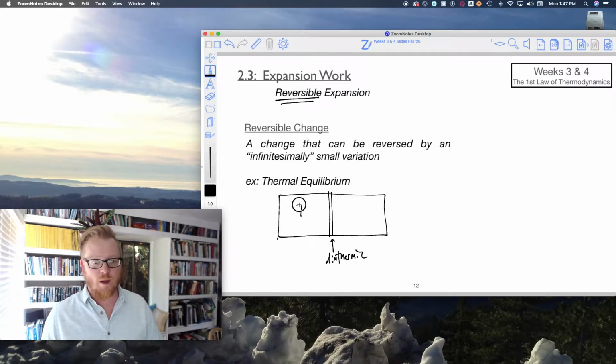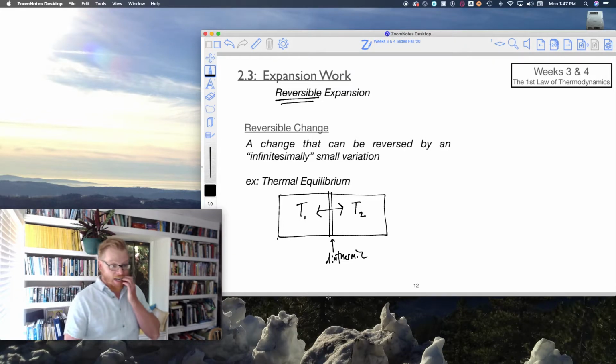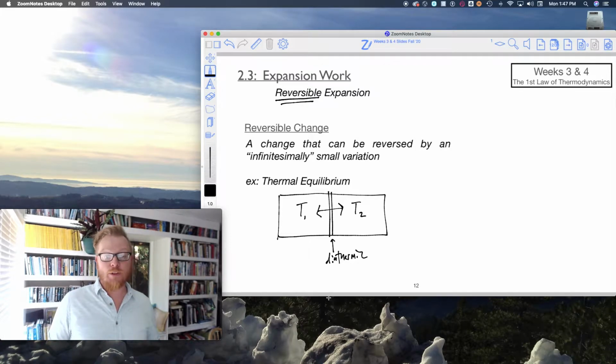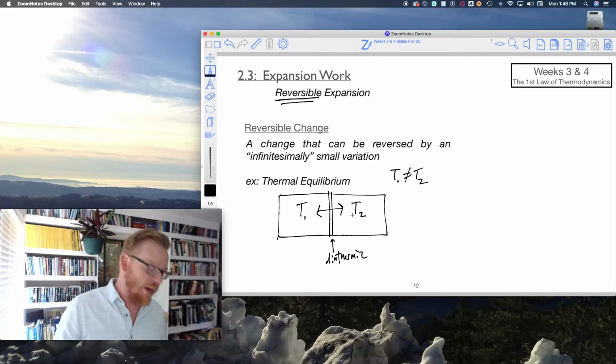If this chamber is at T1 and this chamber is at T2, we recognize that energy or heat will flow between those two chambers if T1 does not equal T2. Heat will flow from the hot object to the cold object.